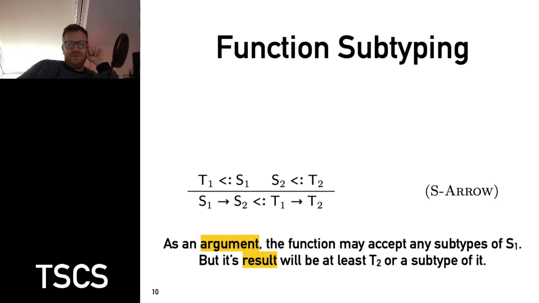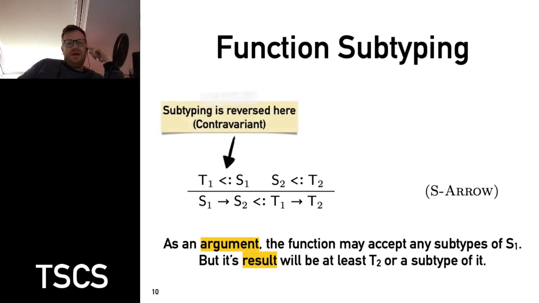So as an argument, the function may accept any subtypes of S1, but its result will be at least T2 or a subtype of it. So it's a little bit crossed. But once you use that, this will become very, very natural. Just think of these things as a little bit twisted around here.